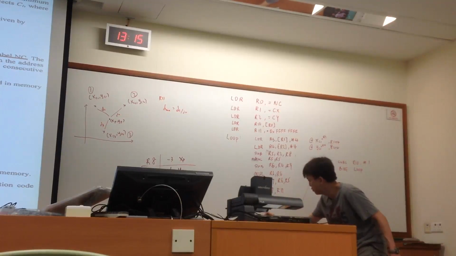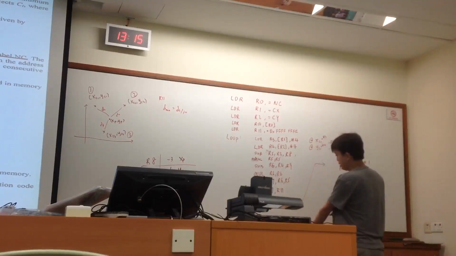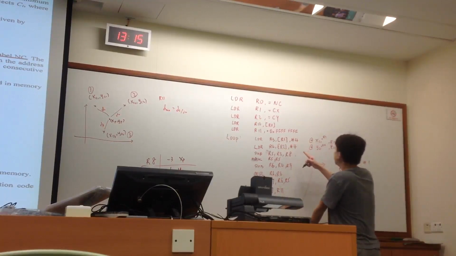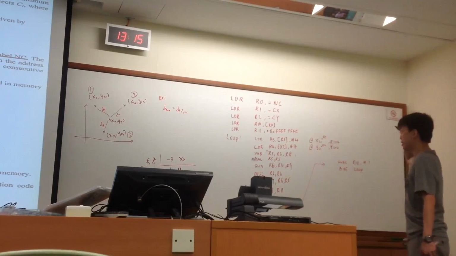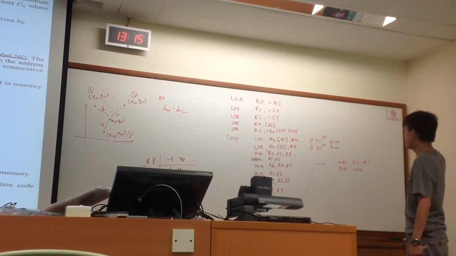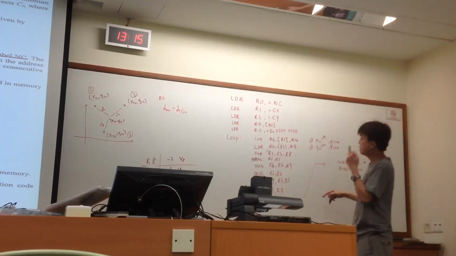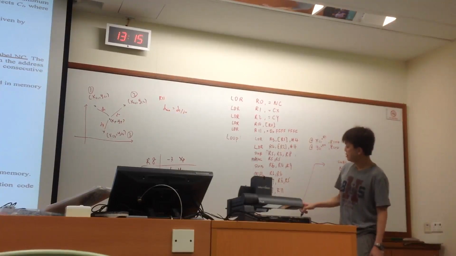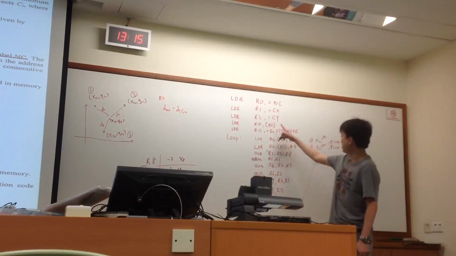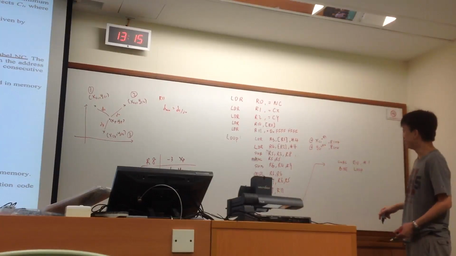Then move, and if it is true, that means I need to store the number. How to know the object number? If I use this one, it is very hard to know the number.